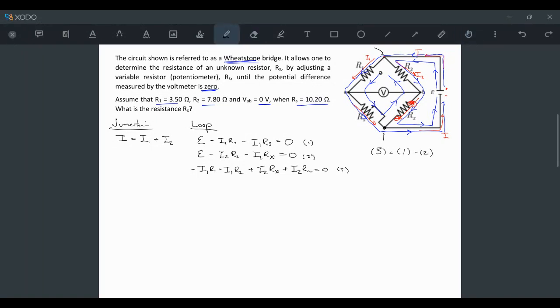So I wrote down equation 3 just so we could have all the information we want to work with, but it doesn't provide us with anything new that we didn't already have with equations 1 and 2. Okay, so this is everything that we can obtain from Kirchhoff's laws. There is a little bit of extra information that's pretty critical to solving this.